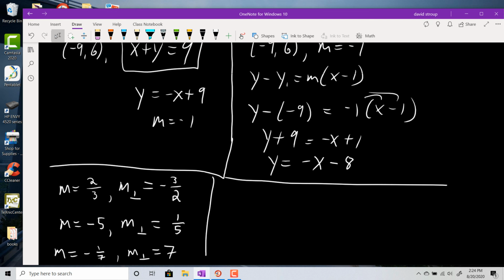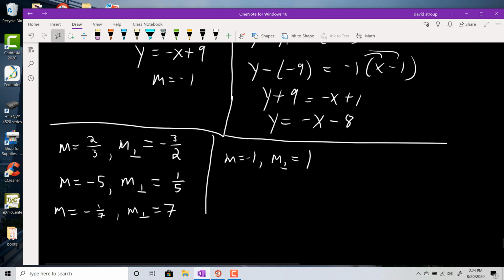Okay. So in our case, the slope was -1. Then the slope of the perpendicular line will be the opposite sign, so +1, and then flip it, that'll just be 1 over 1, which is 1. Okay. At the end of the day, if you multiply these two together, you have to get -1 out.